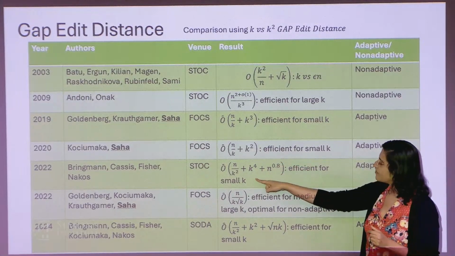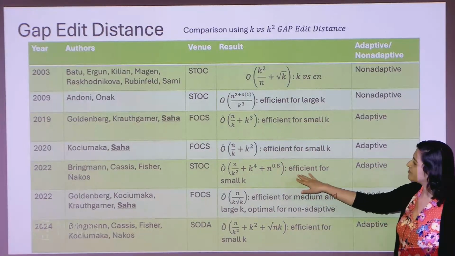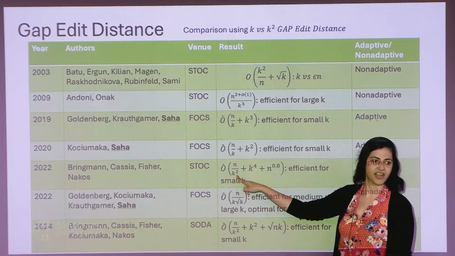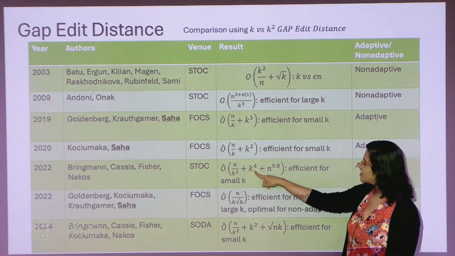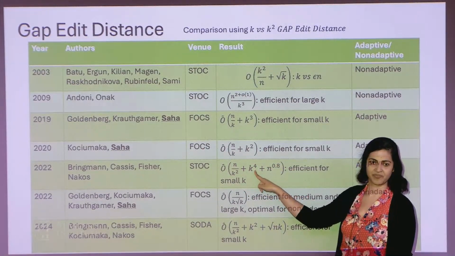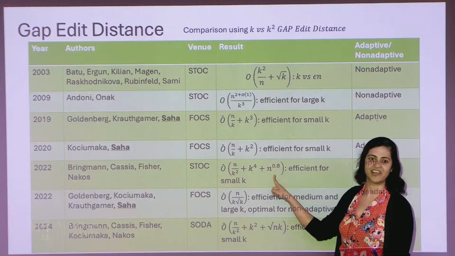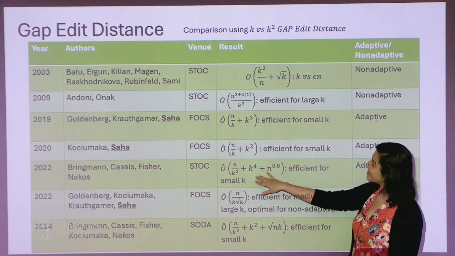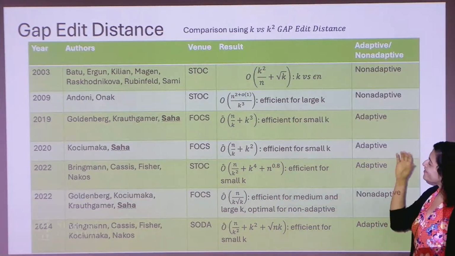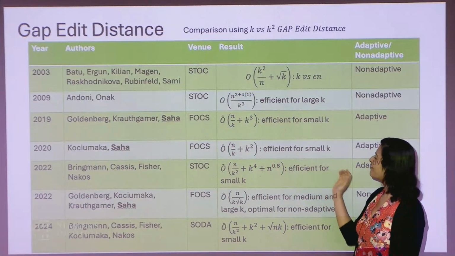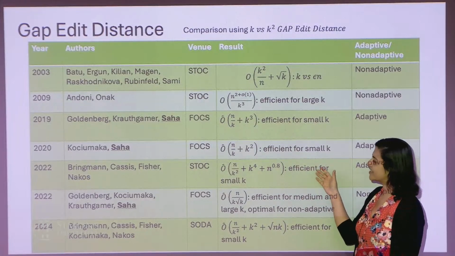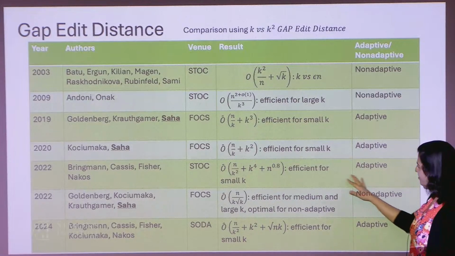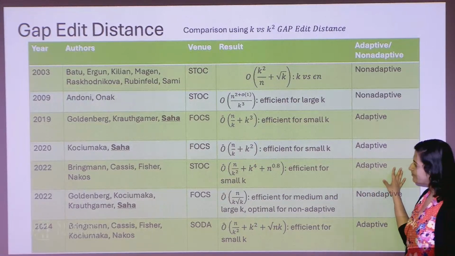So that was partially resolved in 2022, where the dependence was improved from n over k to n over k squared, but at the cost of a larger polynomial dependency on k. And then there was another factor on n as well. This result was efficient for even smaller k, because when k was less than n to the 0.1, this result was actually matching the Hamming distance bound. But beyond n to the 0.1, it was not. So it was still adaptive.